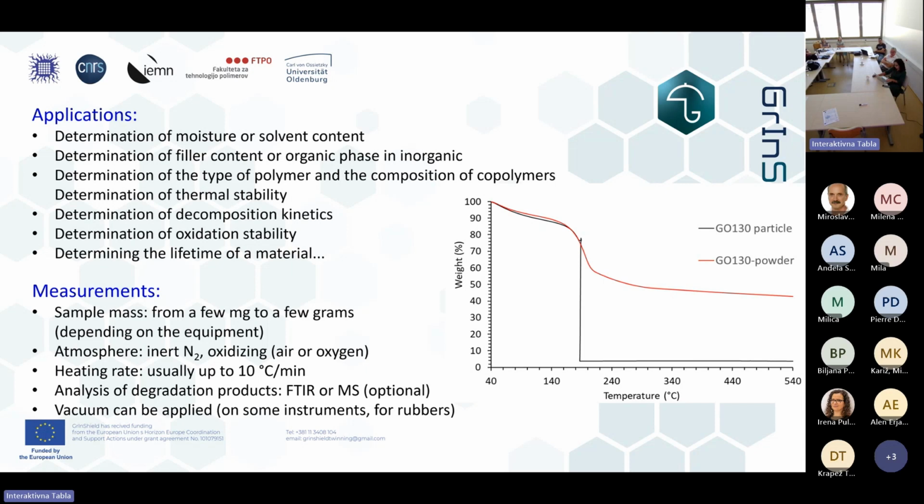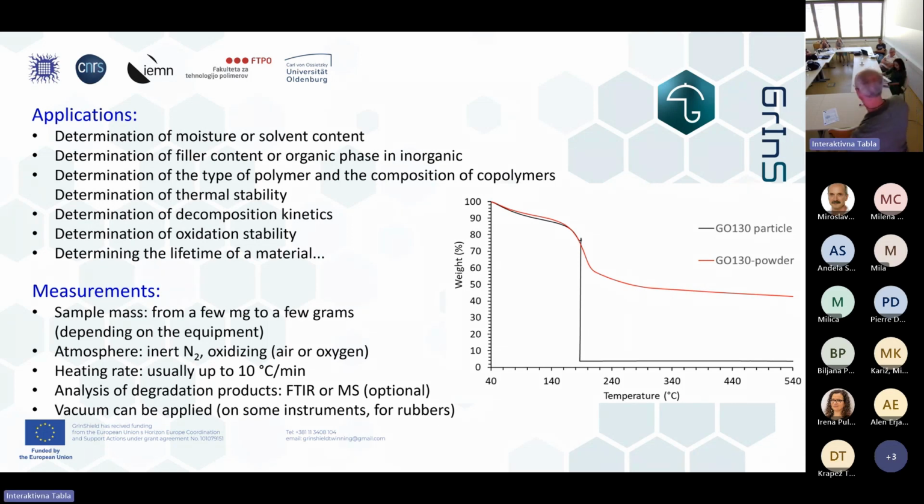Then it's also important this sample mass and how we prepare a sample. And here is the result of graphene oxide, a very recent result. We heated it by 5 degrees per minute.